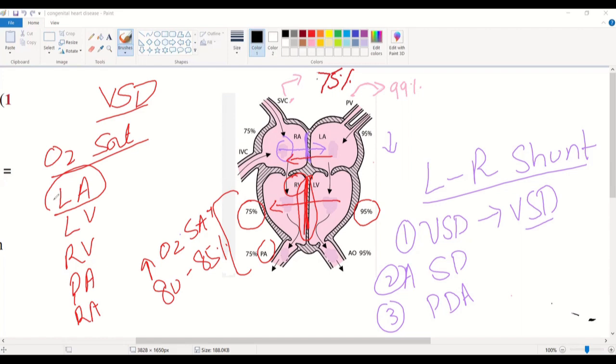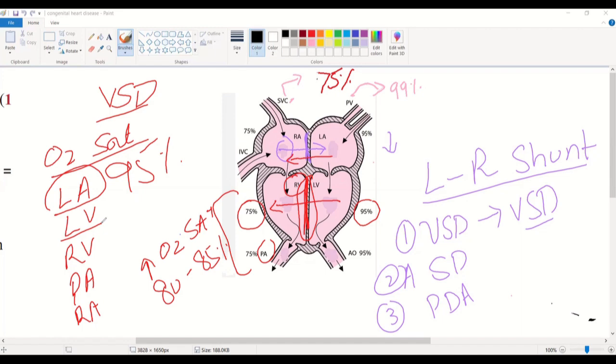No change. It is 95%. But in the left ventricle? It will be the same, 95, unchanged.